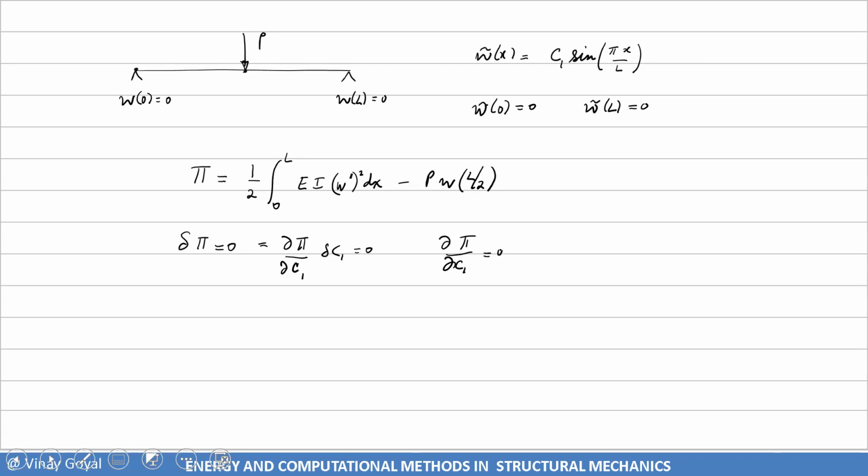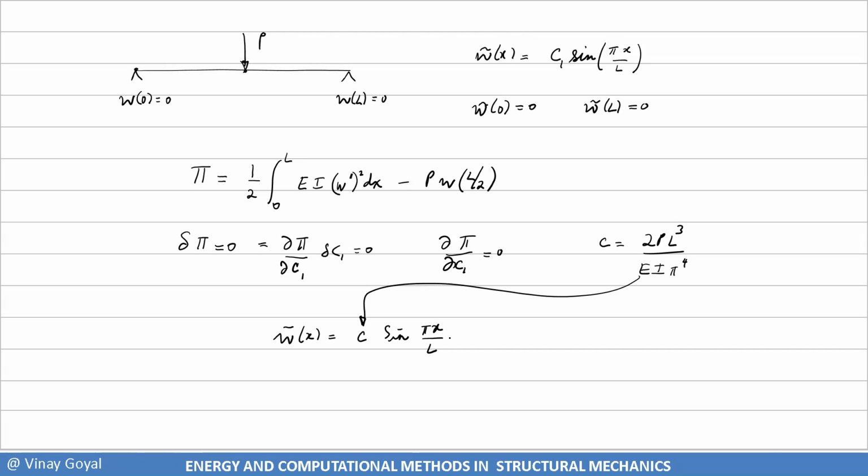You can do this quickly in Mathematica, and you'll find that the coefficient C becomes 2 P L cubed over EI pi to the fourth. And so you find that the approximate solution to this problem is W tilde of x equals C sine pi x divided by L, with that plugged in. And so that illustrates this particular problem. I think it's an exciting problem.